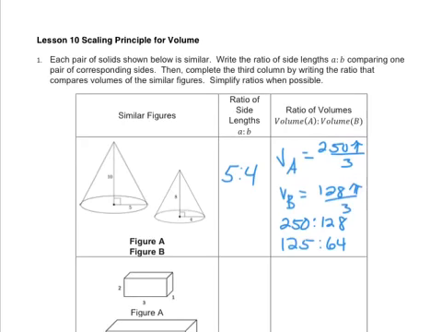So it looks like from this first example we can find the ratio of volumes by taking the scale factor and cubing it, which kind of makes sense because we did that with areas and we found out that the ratio of areas is the scale factor squared. So the ratio of volumes should be the scale factor cubed. But we'll do a couple more examples just to verify.